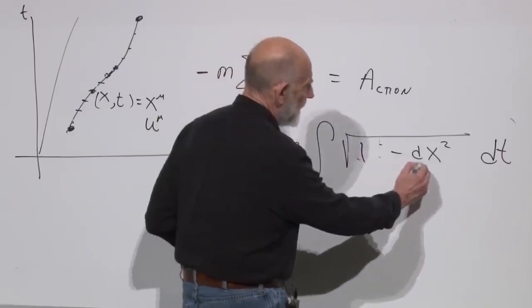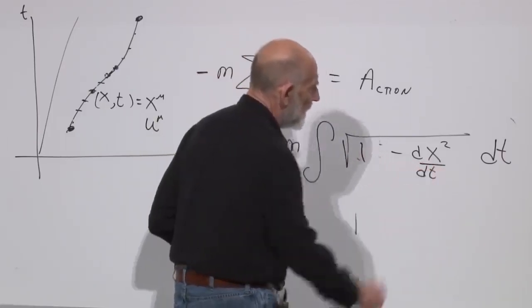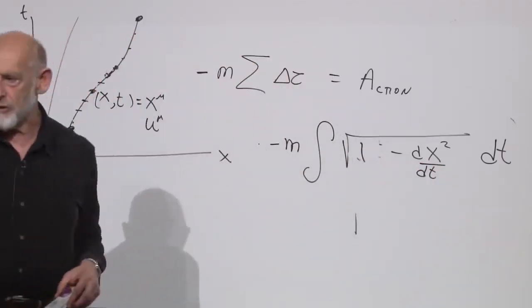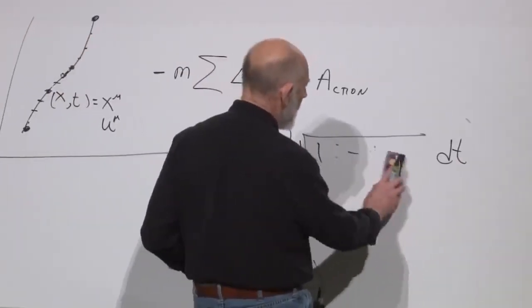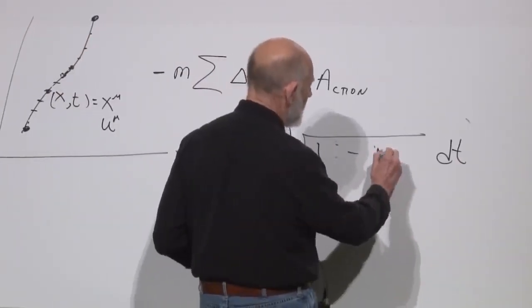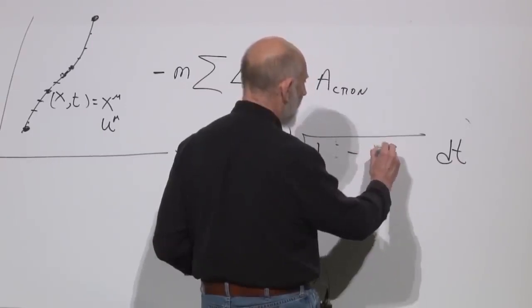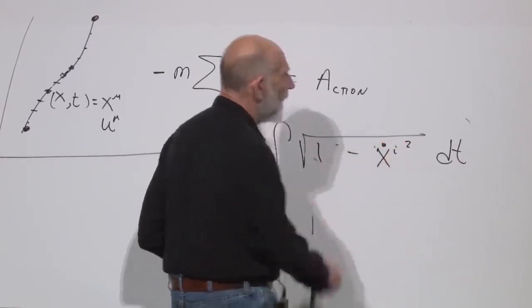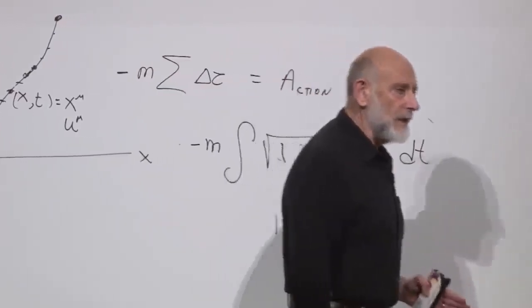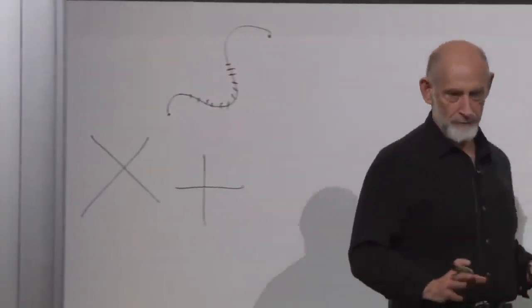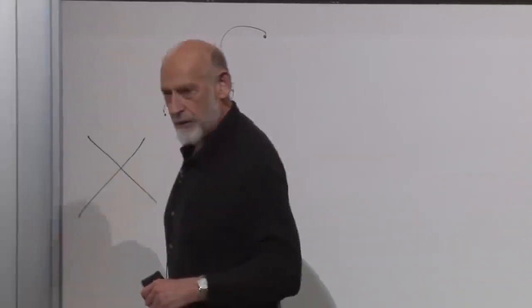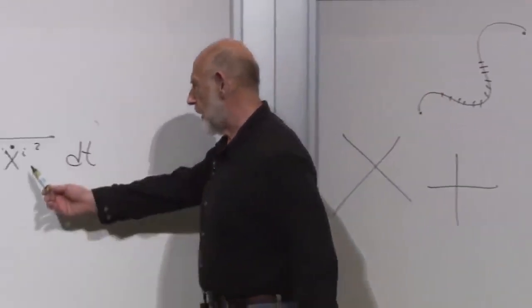And what about dx by dt? That's the good old-fashioned velocity squared. So this becomes 1 minus velocity squared, or 1 minus x sub i dot squared. x sub i dot squared means x dot squared plus y dot squared plus z dot squared. All right. I won't bother writing the sum, and I won't bother writing x, y, and z.